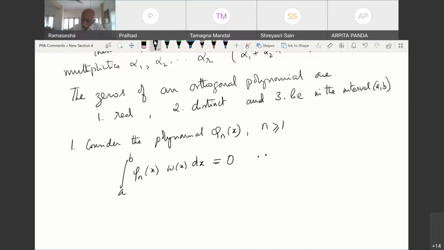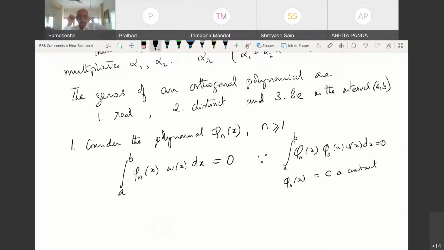Because the integral of P m times P naught x is some constant C. Right? Because phi n x has to be orthogonal to the 0 degree polynomial, and a 0 degree polynomial is just a constant which you can take as 1. So the integral of phi n x w x dx is equal to 0.